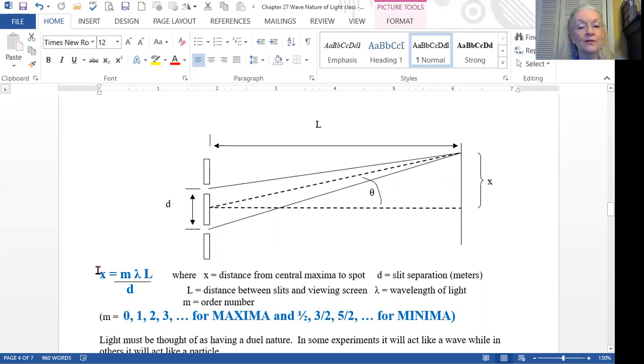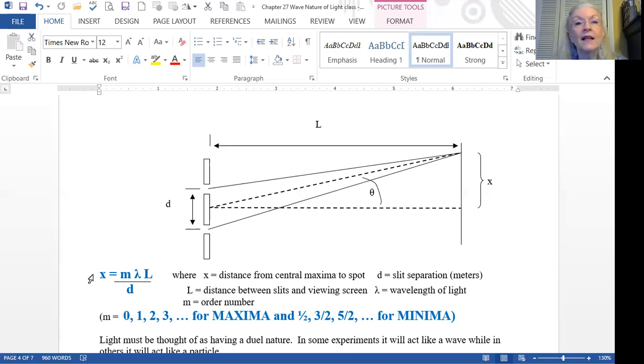Well, we have a formula for that. X is equal to little m times lambda times L divided by d. Little m is called the order number, and we'll talk about that in just a minute. Lambda is the wavelength of the light. Capital L is, again, that separation distance between the slit and the viewing screen. And little d is the slit separation.